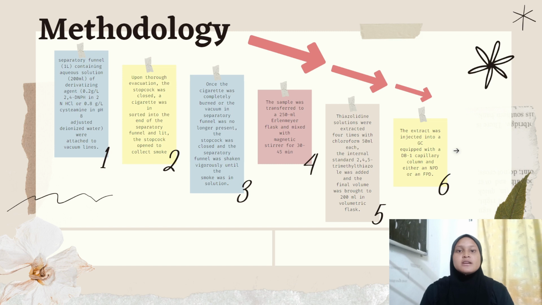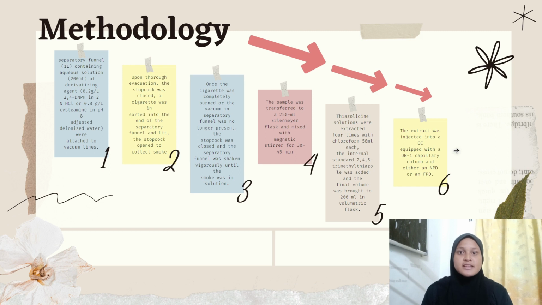For the third, the sample was transferred to a 250 ml flask and mixed with a magnetic stirrer for about 30 to 45 minutes. Thiazolidine solution was extracted 4 times with chloroform, 50 ml each.